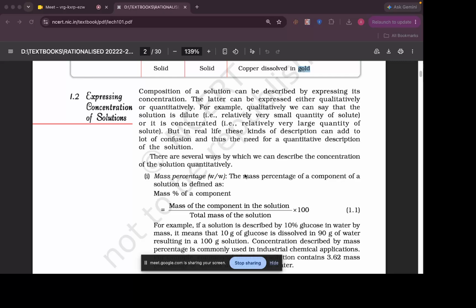Next, we should know about the concentration of the solution. We have to express it, either in mass percentage, volume percentage, molarity, molality, anything. So that we have to focus on.